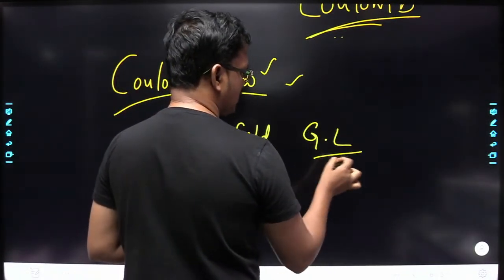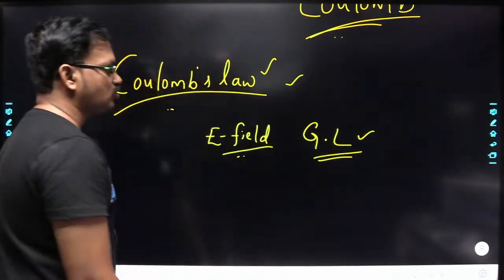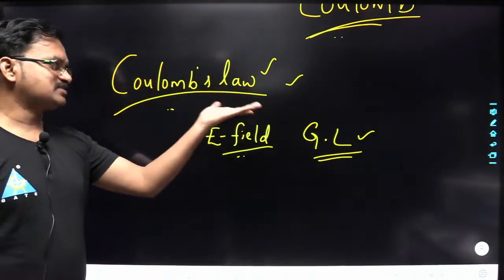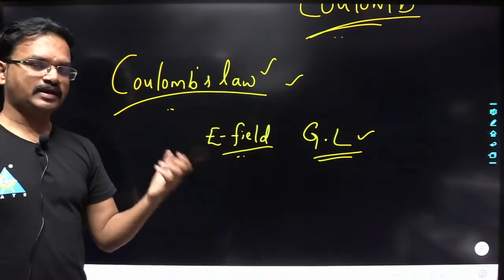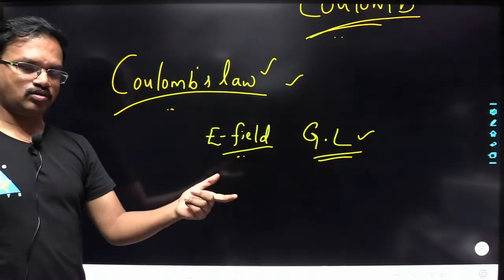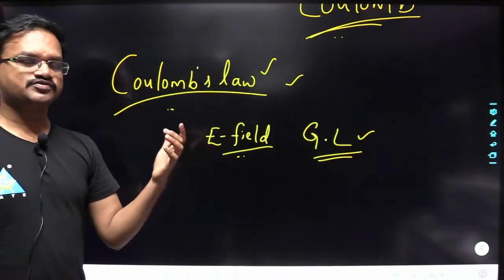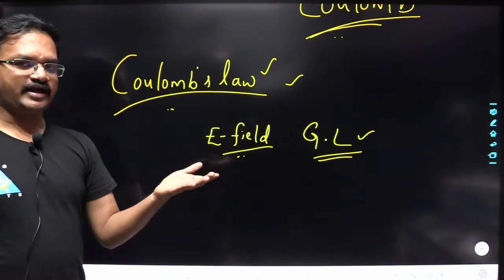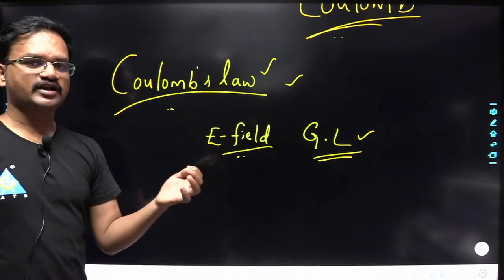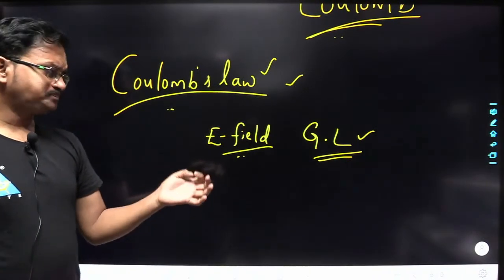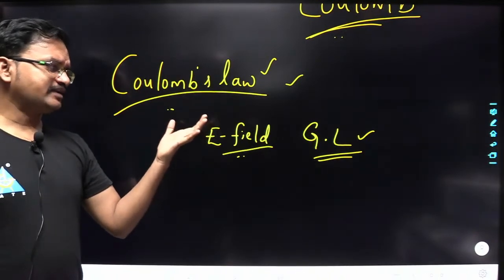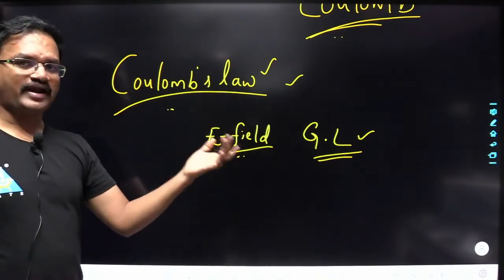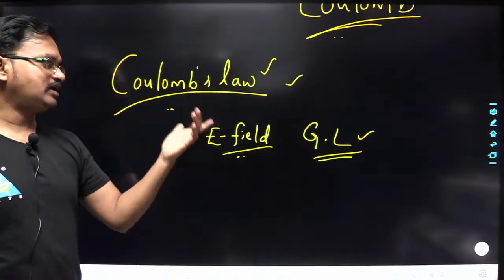In tomorrow's session I will briefly explain Coulomb's law and how to determine the magnitude and direction. Calculating magnitude is very simple, but while calculating directions, students generally get confused. So I am going to explain both.